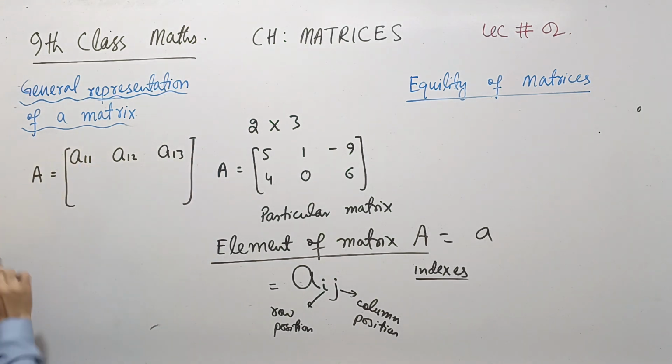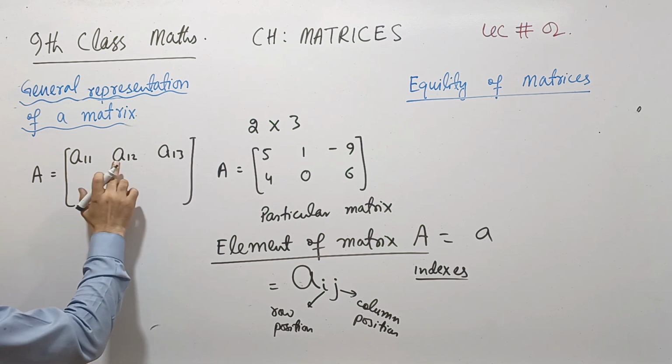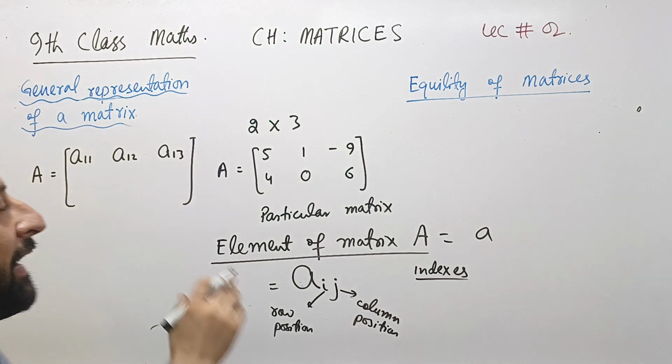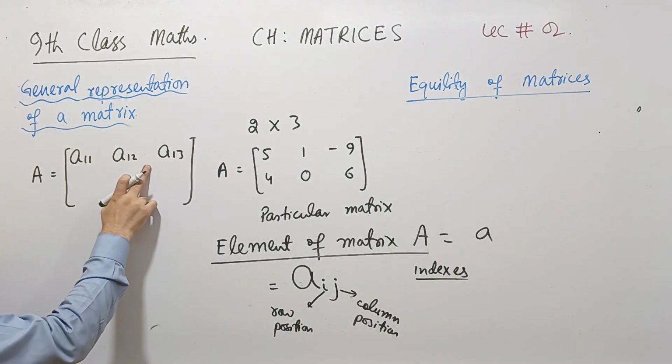Similarly, you will pronounce a12 as a-one-two, not a-twelve: the element of matrix A in the first row and second column.